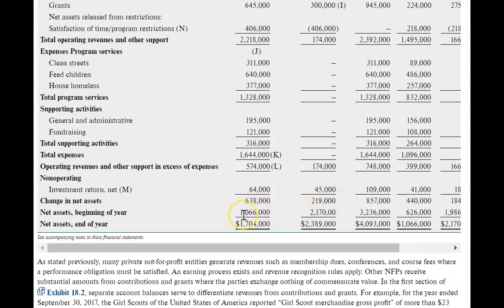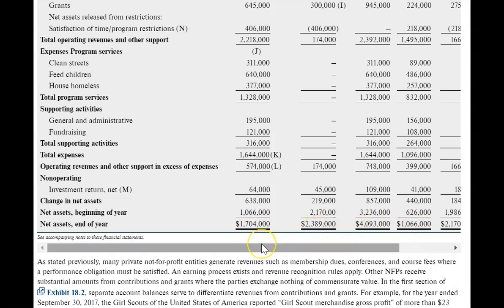And if you add the net assets amount from the past years, or beginning balances, of course, these are categorized into with restriction and without restriction, you will find this current year's net asset amount. So the first column is without restriction. Their net assets without restriction are 1.7 million.